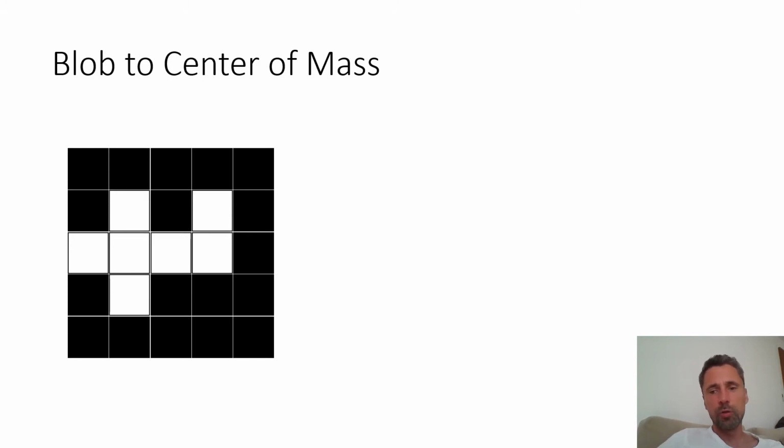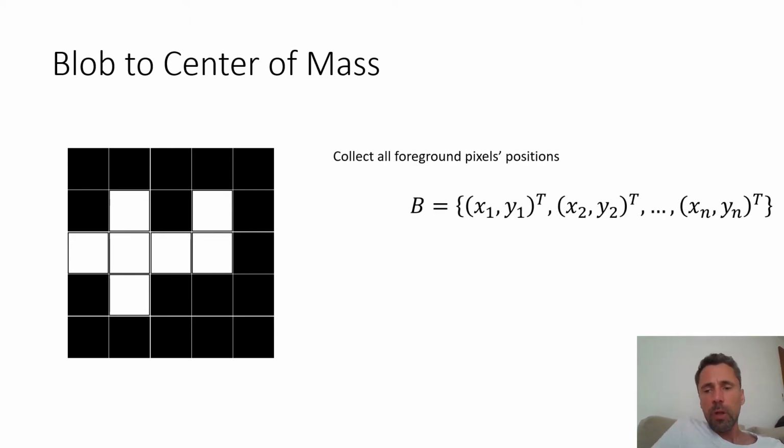So let's assume we already have found connected components, and we have obtained, let's say, this one blob here with all the pixels set to 1 that actually belong to one connected component. And then what we actually do is we collect all those pixel positions, so all the x and y coordinates.